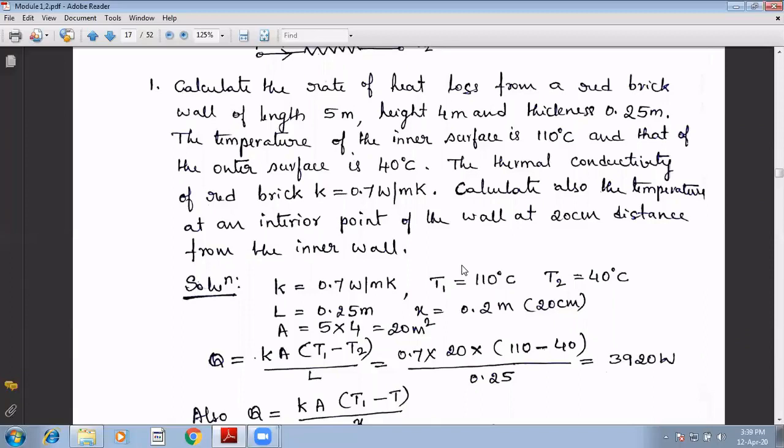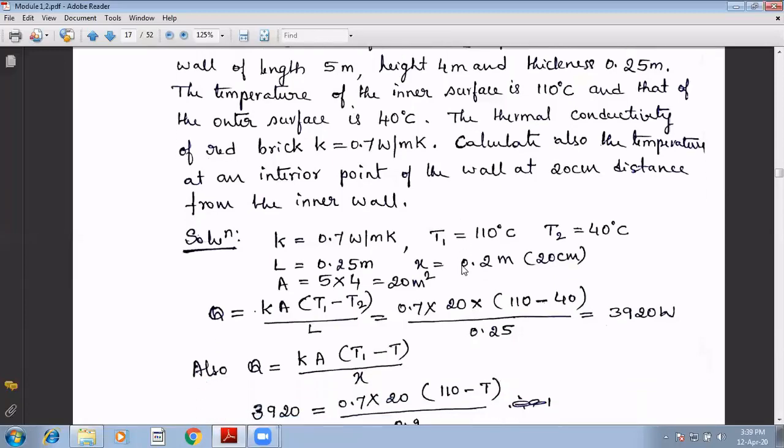Now, let us understand what is given. There is a wall, its length is 5 meter and height is 4 meter. Now, the area of heat transfer is 5 by 4, which is 20 meter square, and the thickness is 0.25 meter. Your inner temperature is 110 and outer temperature is 40 degrees Celsius, and the k value for the material is given. Now, the problem is simple.